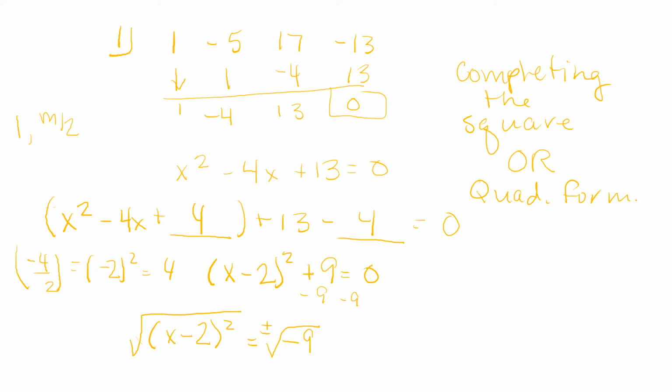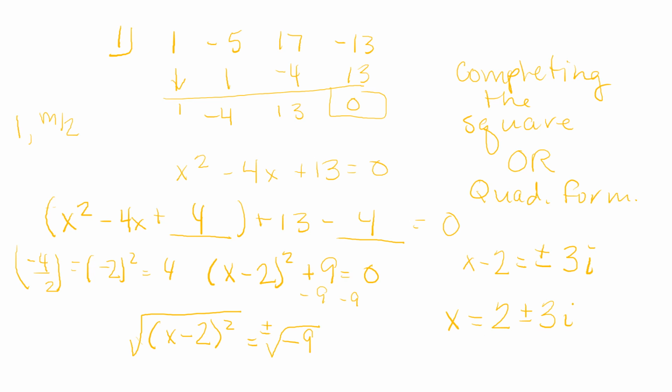So x minus 2 is equal to plus or minus the square root of -9. Well, the square root of 9 is 3, and the square root of a negative is going to be that i. So it is imaginary, which is why we could not factor it. Then we'll add 2 to each side. x equals 2 plus or minus 3i.